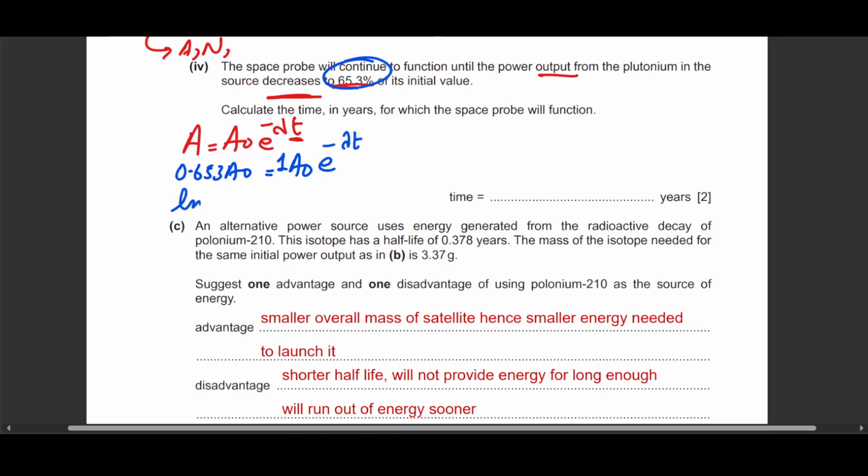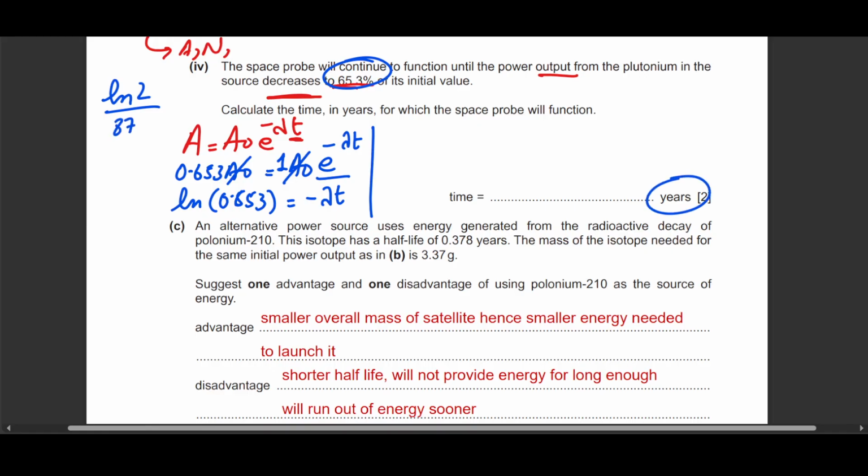You take the ln, this A naught gets cancelled out. You take the ln of 0.653 equals this ln e, and lambda t comes out, and this becomes negative lambda t. And lambda, of course, is ln 2 divided by the half-life, which is taken in years, since the answer is supposed to be in years.